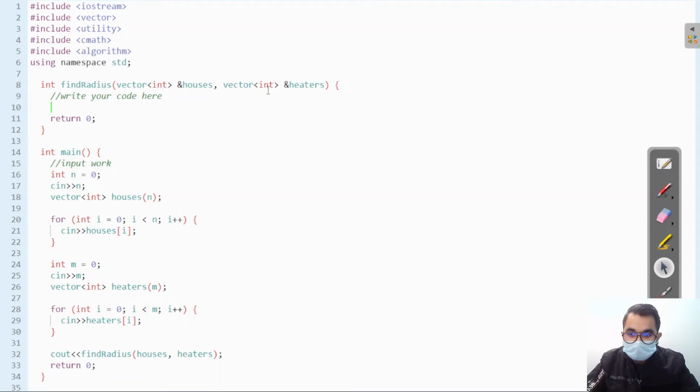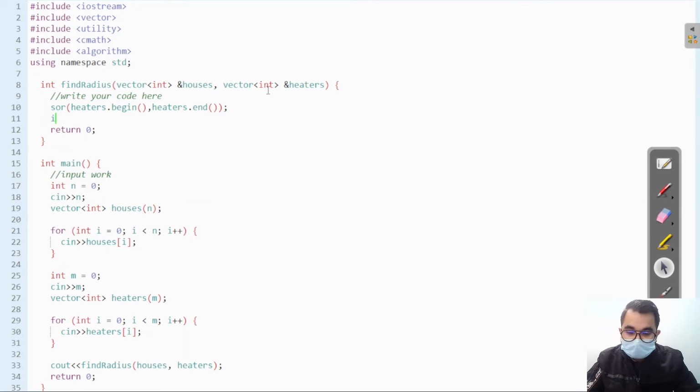For that I'm going to use sort, heaters dot begin and heaters dot end. After this, what I need to do is calculate the answer radius.